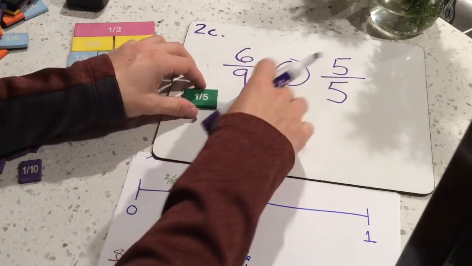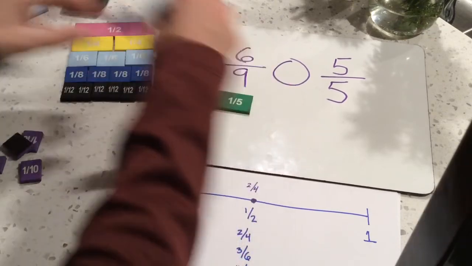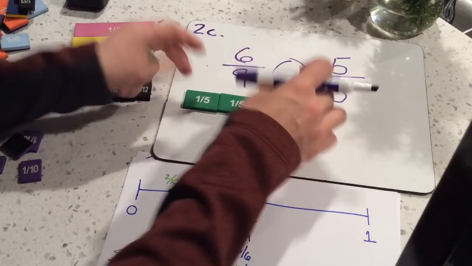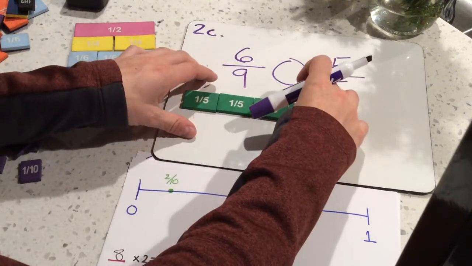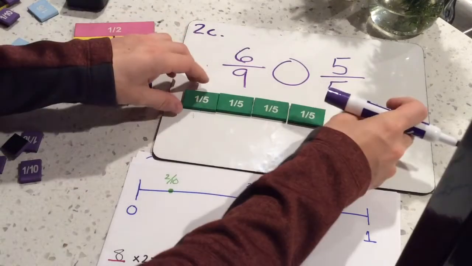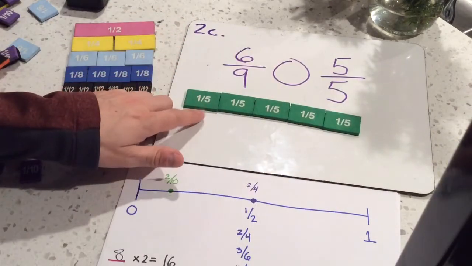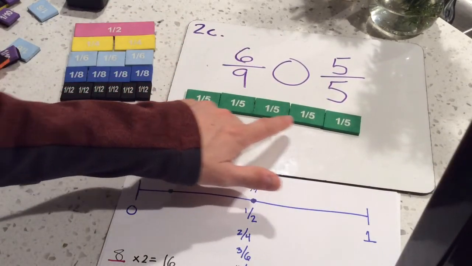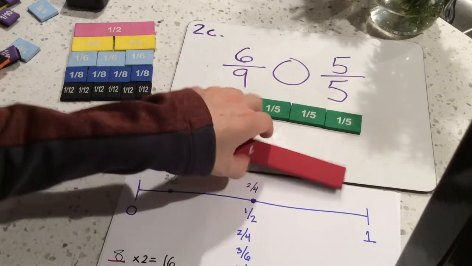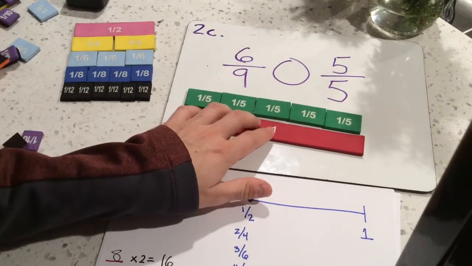However, using my knowledge of fractions, I know that if I have 5/5, whenever the numerator is the same as the denominator, let me grab my other fifth. Here I have 1/5, 2/5, 3/5, 4/5, 5/5. That is equal to 1 whole. Oh, it's upside down. That is equal to 1 whole.